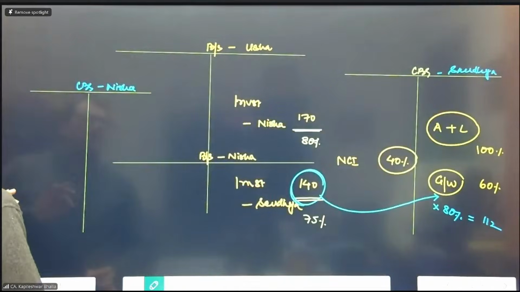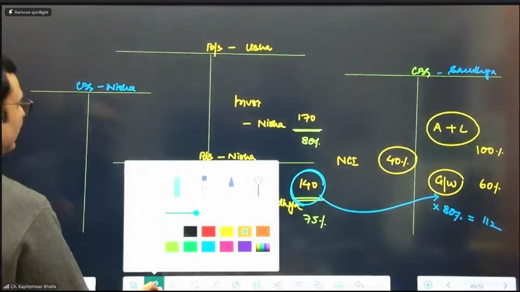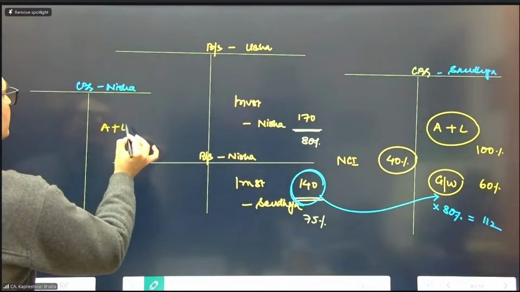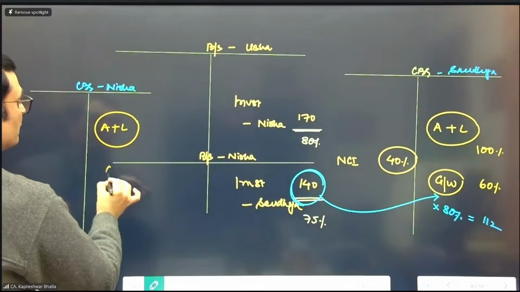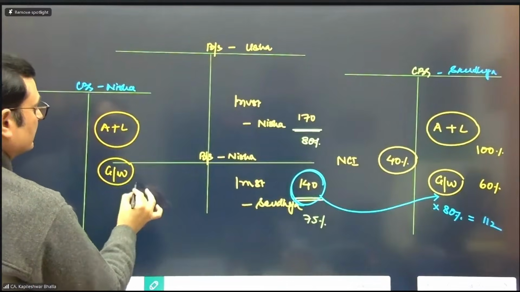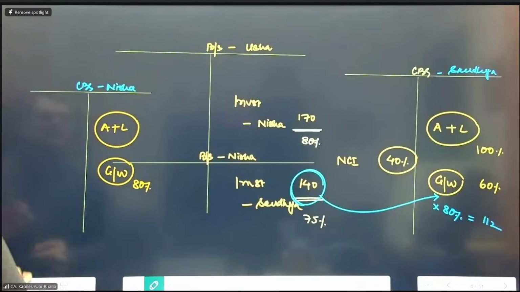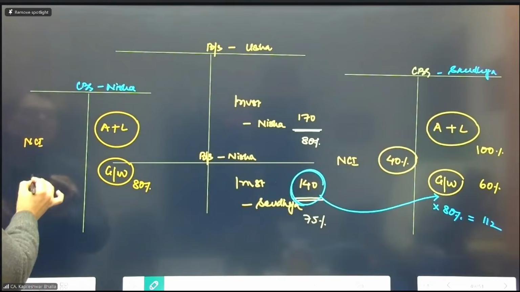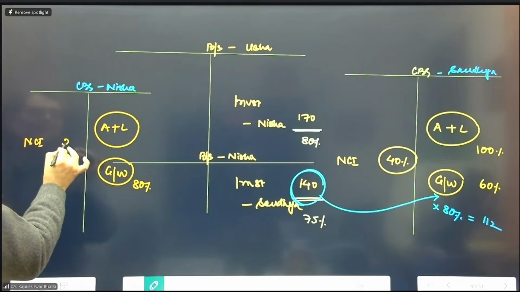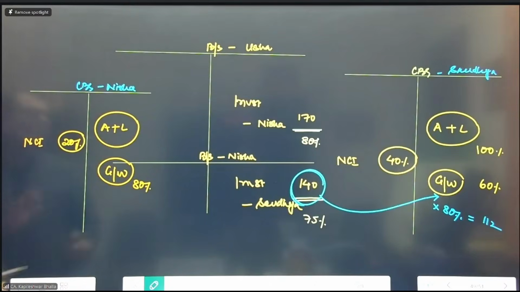So in the Nisha case also, did I aggregate all the assets and liabilities? Yes. I took the goodwill based on what percentage? 80. And I took the NCI based on what? 20%, correct? Yes, sir.